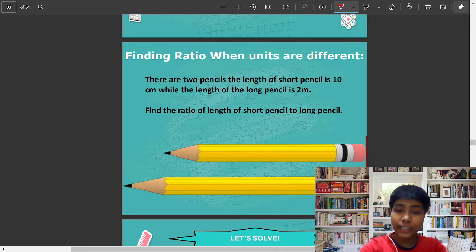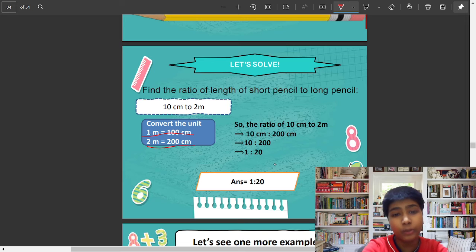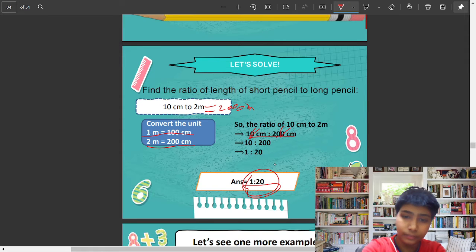So we have to make the units the same. See, 1 meter equals 100 centimeters. 2 meters equals 200 centimeters. So the long pencil equals 200 centimeters. See, we have done the same here. If we divide by 10, the 10s cut, and 1:20 is the answer.